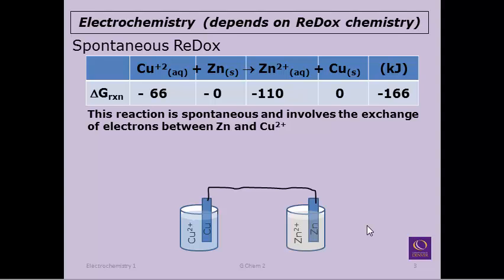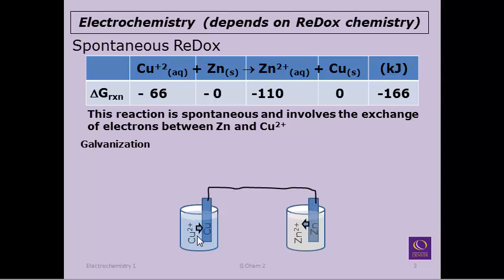In that case, zinc is turning to zinc 2 plus, and that's creating electrons, which could be picked up by the electrode and travel along the wire. Meanwhile, over here copper 2 plus is being reduced to copper, so it would utilize those same electrons. This is basically an electrochemical circuit.